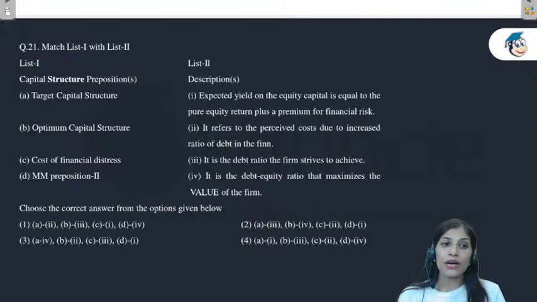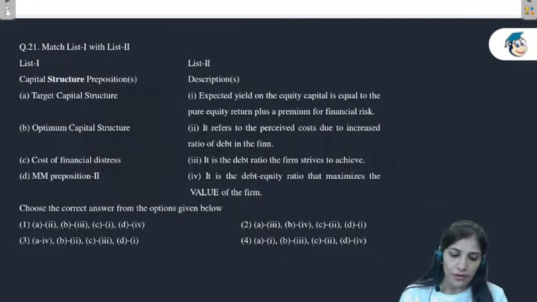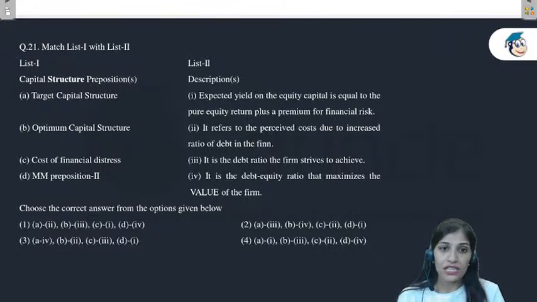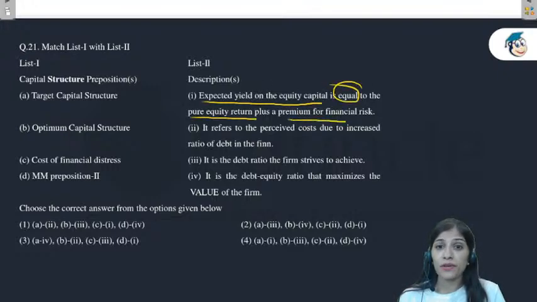Next, list 1 and list 2. Again, I'll suggest kindly go to the list 2 descriptions and after that come here, so you would be easily able to understand. Right? So, expected yield on equity capital is equal to pure equity return plus premium for financial risk.